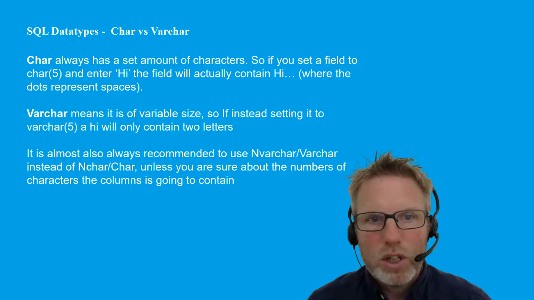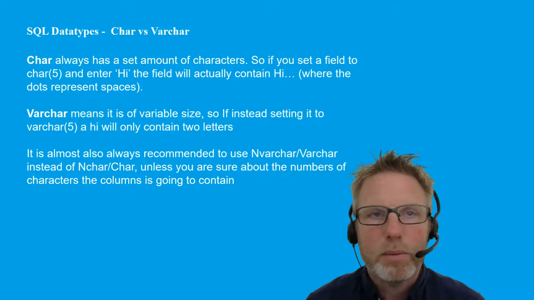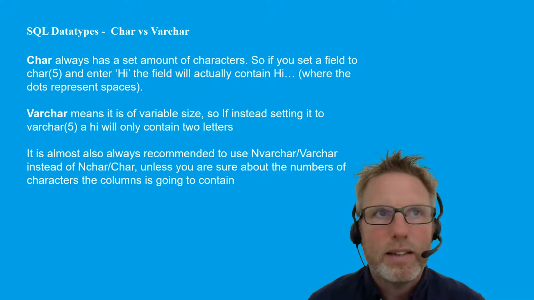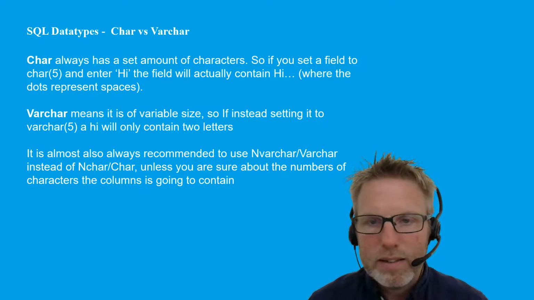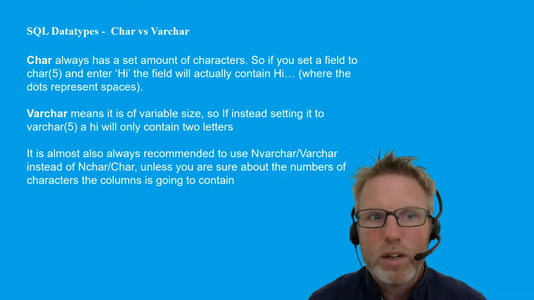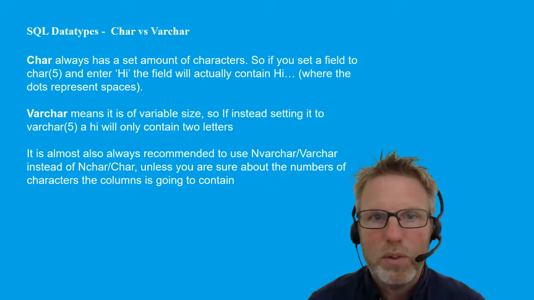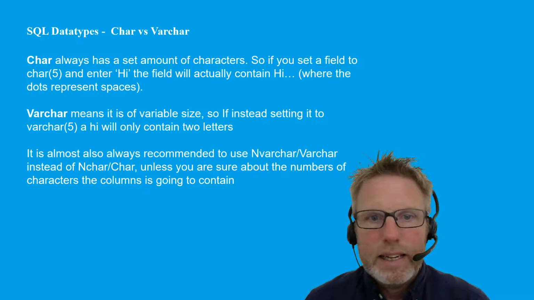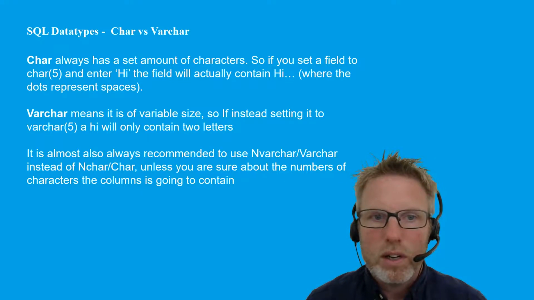While varchar will be of variable size. So 1 byte of the actual data type will store how many letters there are. If you create a variable called varchar 5 and only type hi in there, it will only be 2 of those.